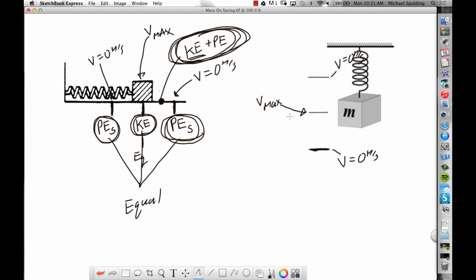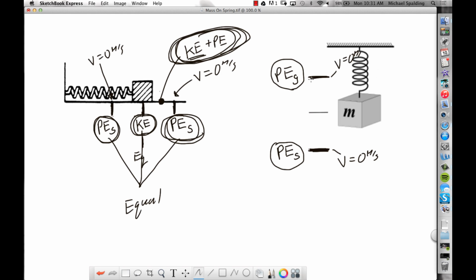Okay? So let's look at the energies. What type of energy are we going to have down here for the mass oscillating vertically? It's going to be all potential of spring. 100% potential of spring. What type of energy are we going to have up here? It's going to be all potential of gravity.